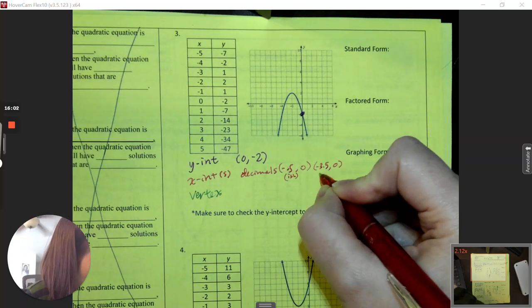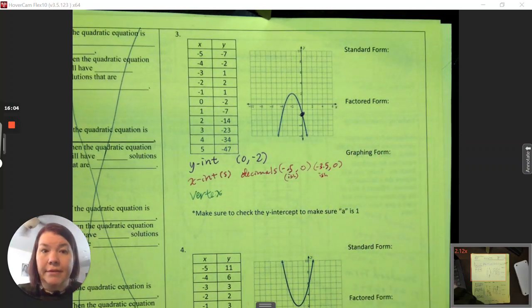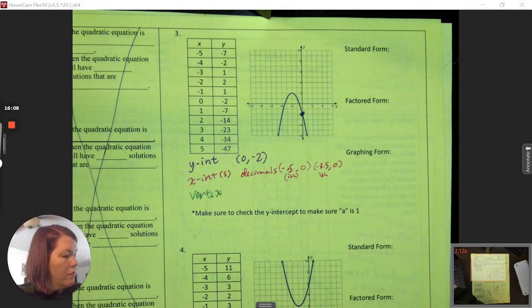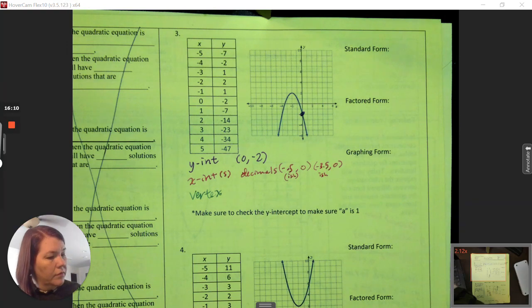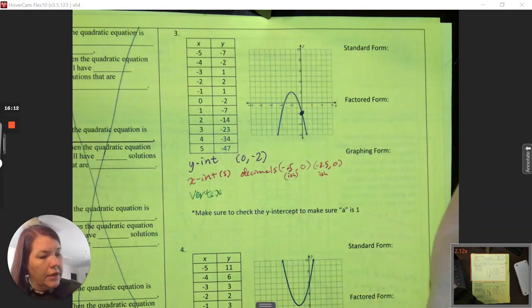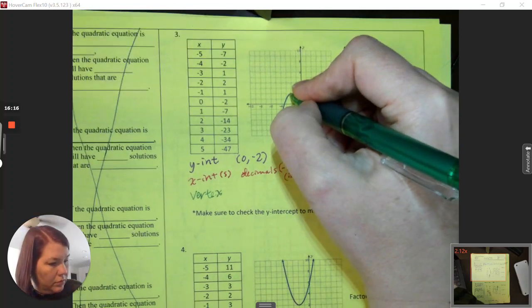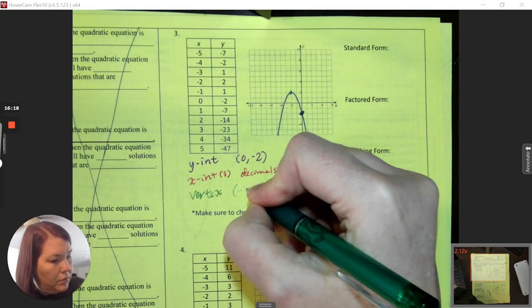These are not accurate. They're my guess. Vertex. There you go. -2, comma 2.